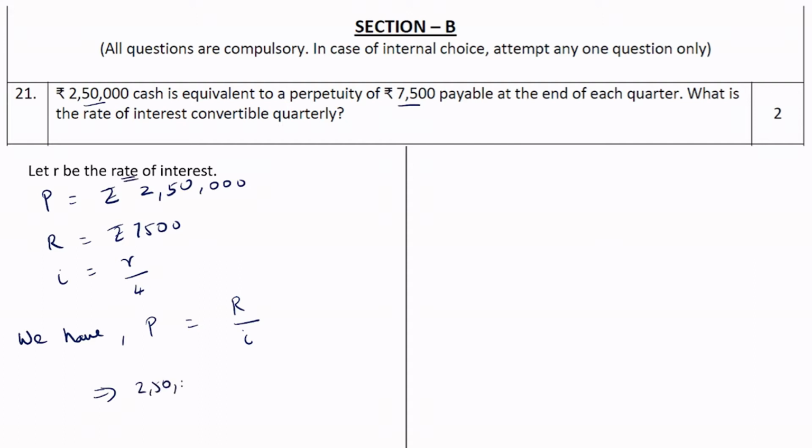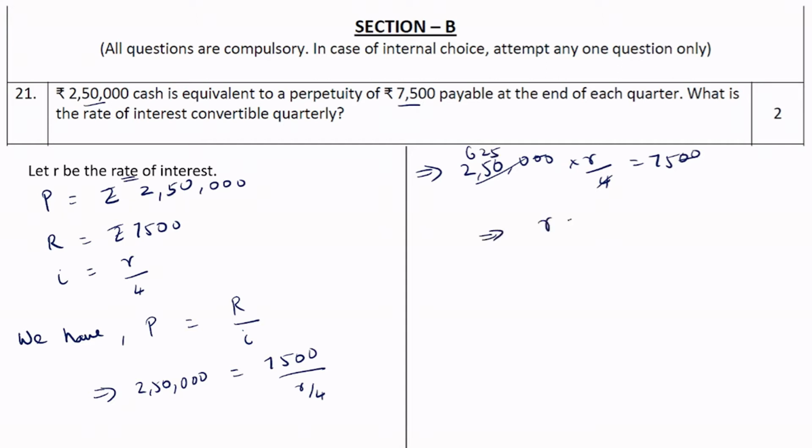So 2,50,000 equals 7,500 upon R by 4. If we cross multiply, we get 2,50,000 into R by 4 equal to 7,500. So from this we get R is equal to 75 by 625.